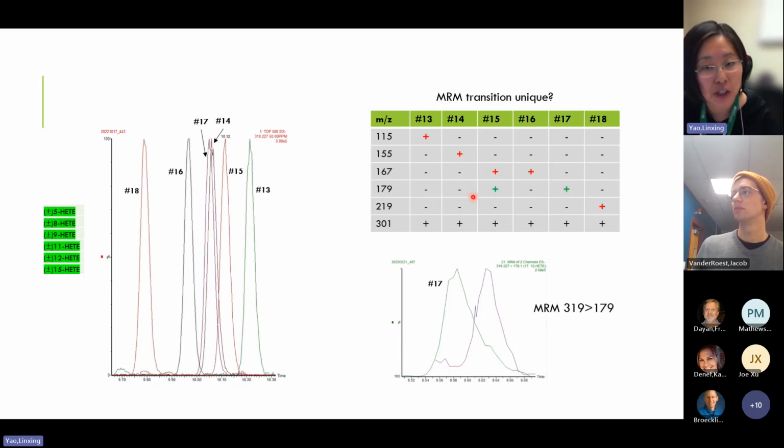Unfortunately, number 17 shares the same fragment with number 15, that is 179, and it's only 60% or 40% separated on the LC column.